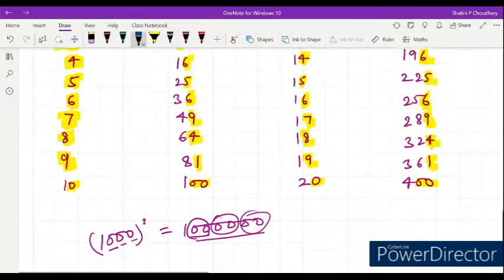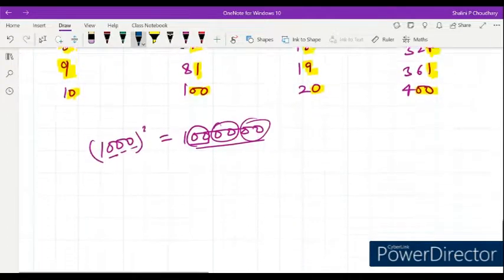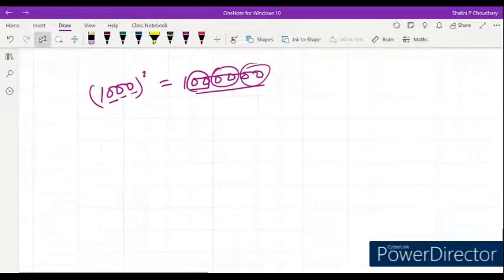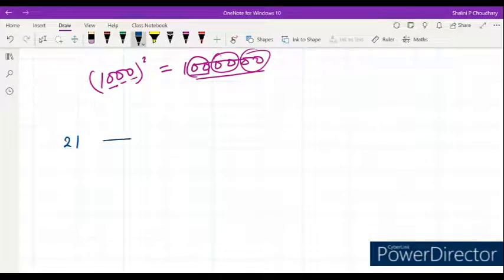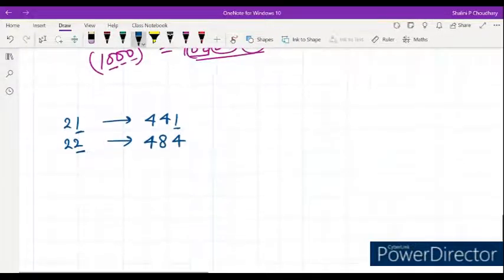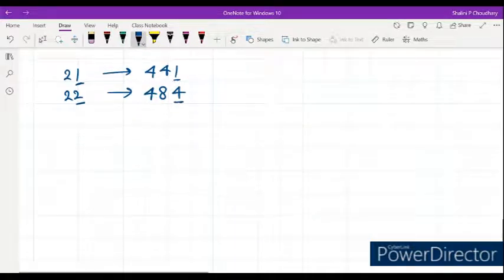So now we'll see some more scores. Okay. So score of 21. What is the score of 21? Score of 21 will be 441. Score of 22. See here, it's ending with 1. Score of 22, that will be 484. Now score of 2 is 4, so this is also ending with 4.